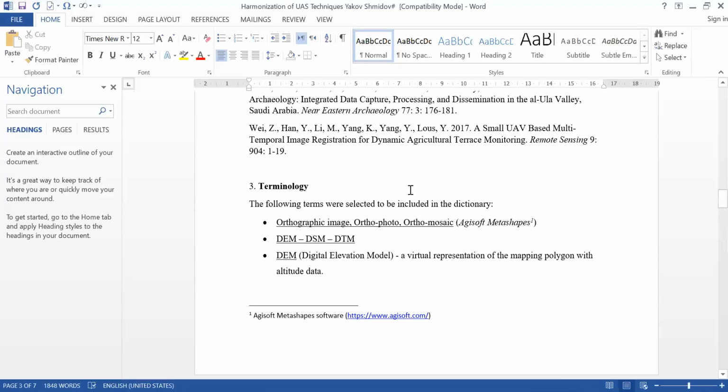Okay, so what we tried to do, my student Yakov went through a very large literature review, actually. He started with some disciplines, but then he crossed between disciplines, and he tried to get some basic terminology used nowadays to describe missions, data collection, data preparation, and come up with a glossary.